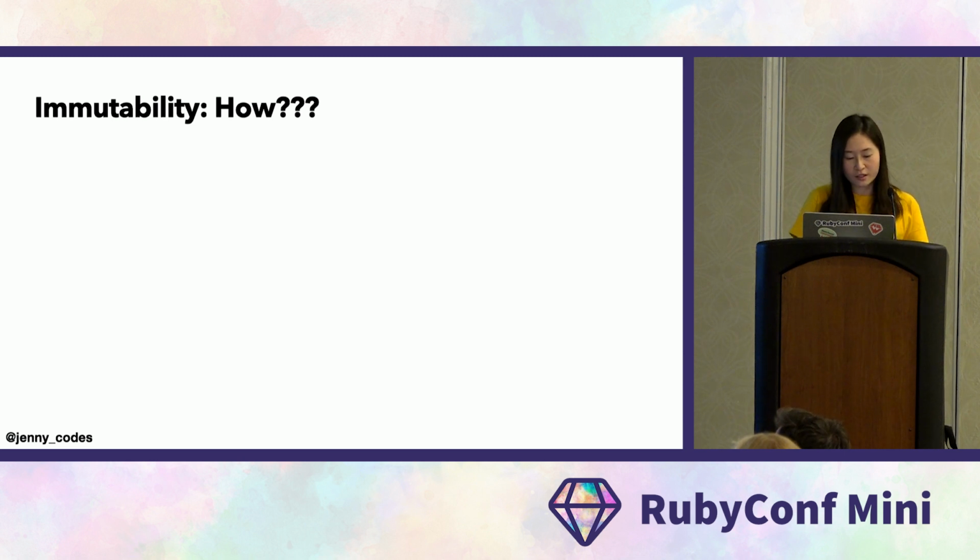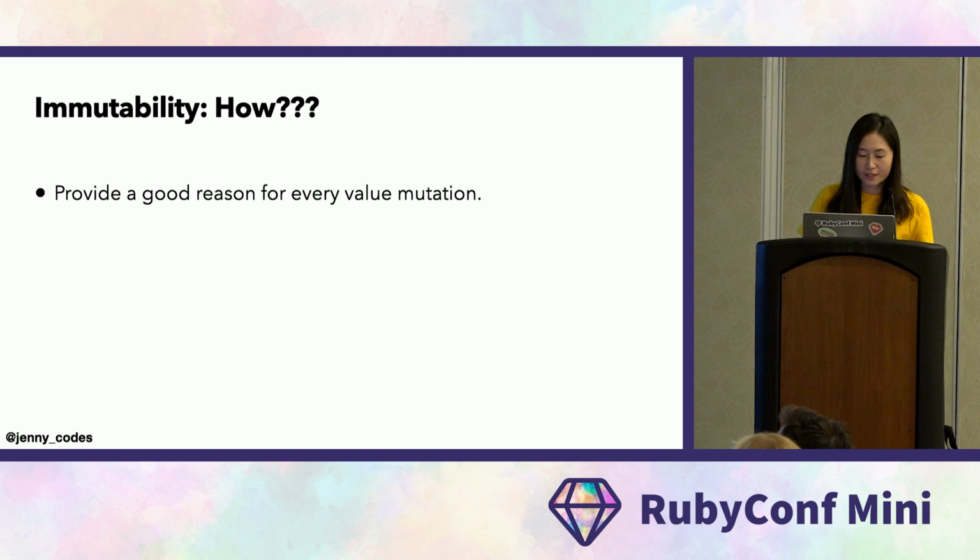Okay, so next is how we can do that in Ruby. And the first advice sounds weak, but I think it's important. It's to think twice about every mutation of the state that you make. At the language level, Ruby doesn't have a language-wise guardrail for immutability, like some other programming languages have.